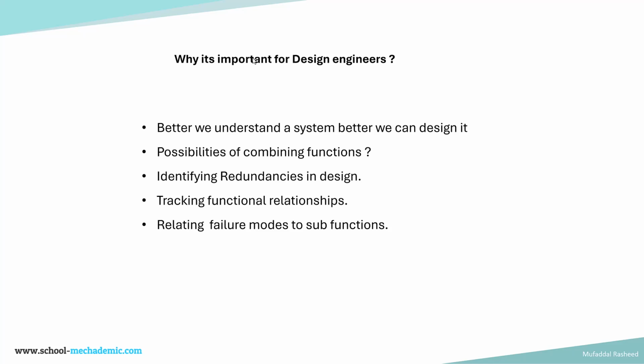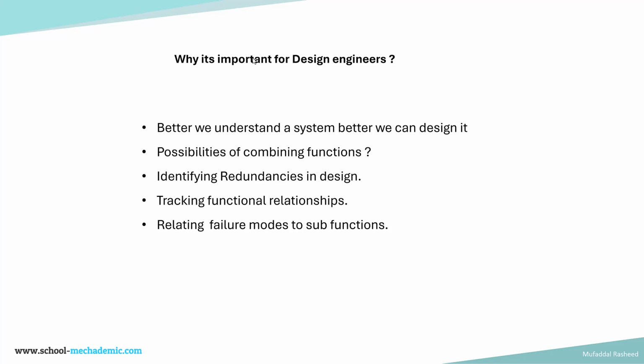Second, the possibilities of combining functions. For example, if there are two sub-functions, as in the case of the housing and the ergonomic grip, there are two functions which are being performed by the same component, which is the housing. The housing is giving the ergonomic grip, and also it is connecting all of the components together in the whole package.